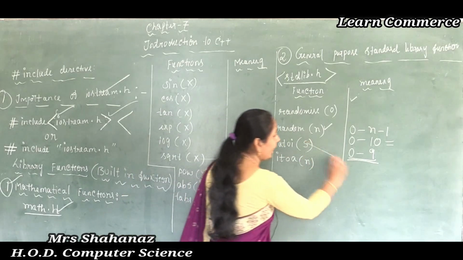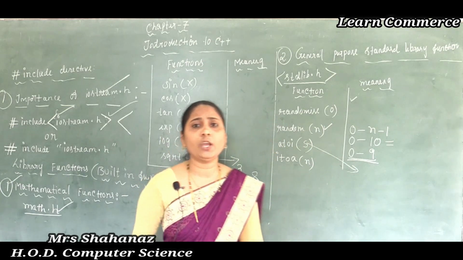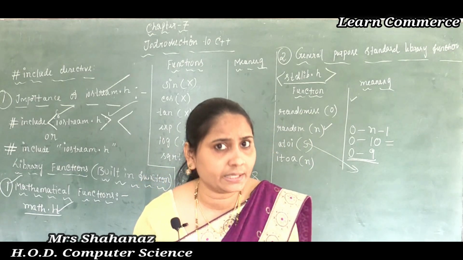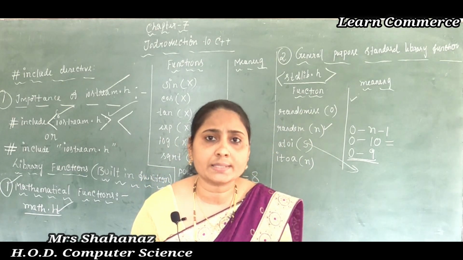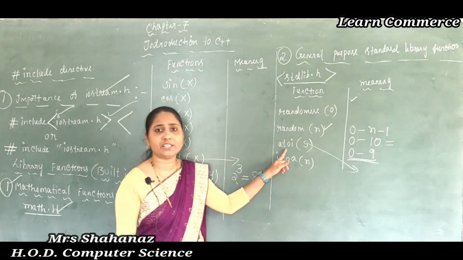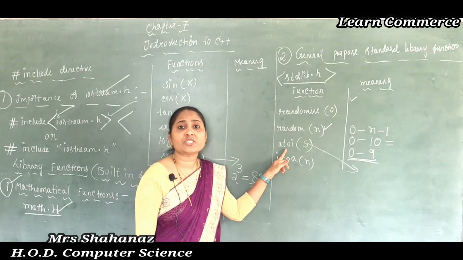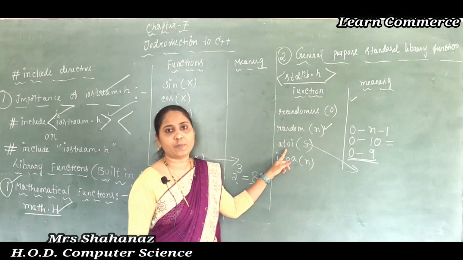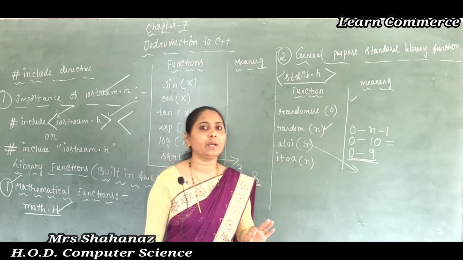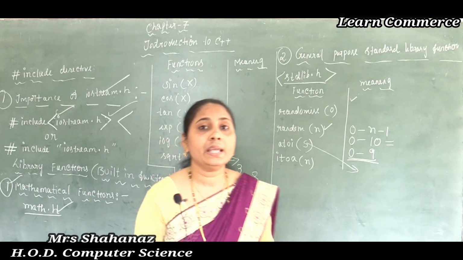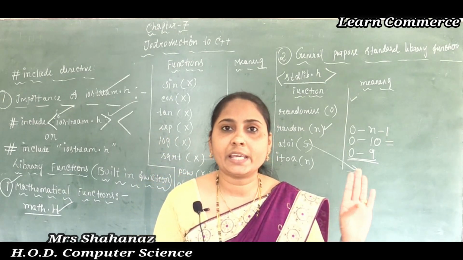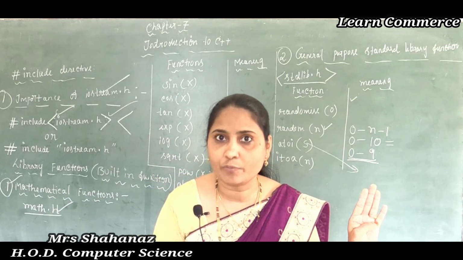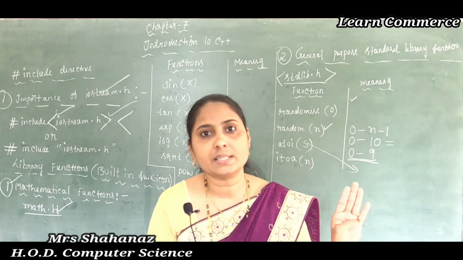Okay. And later the next one is atoi of s. That means such a function is used to convert any string to a number. Did you remember? I already explained the ASCII value. Correct? The capital letters A to Z have ASCII values 65 to 90.